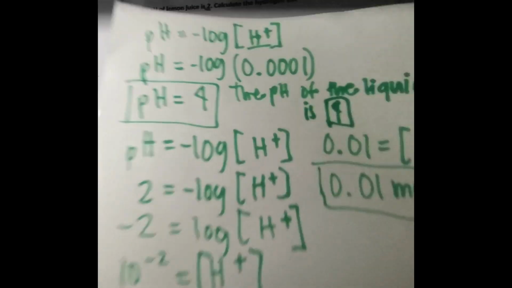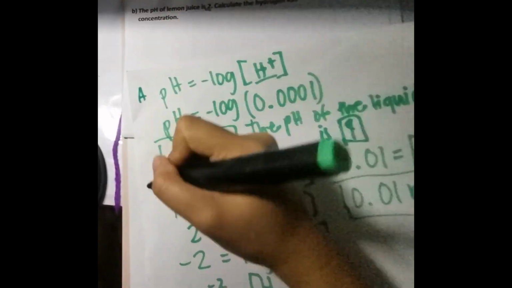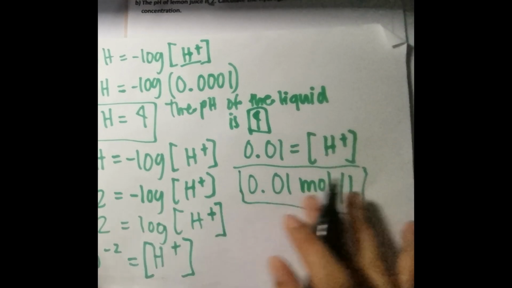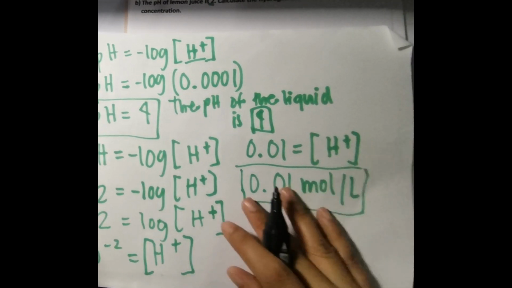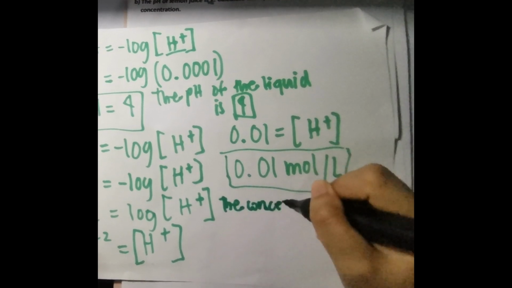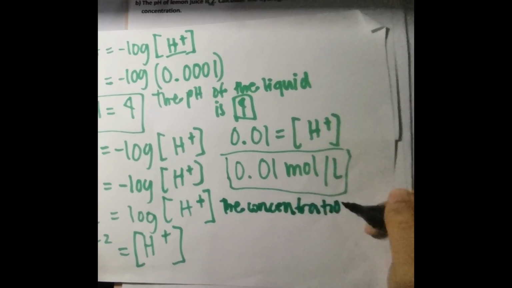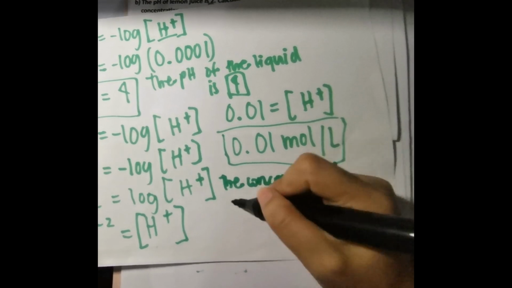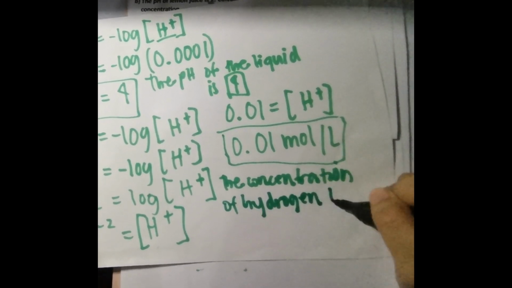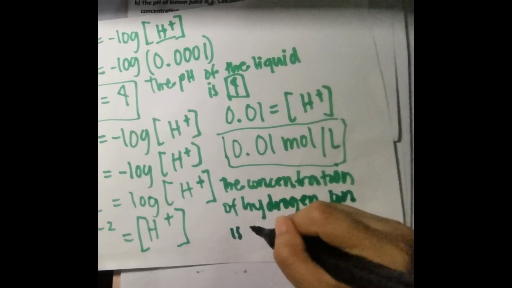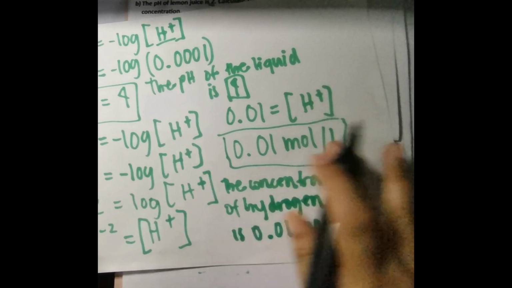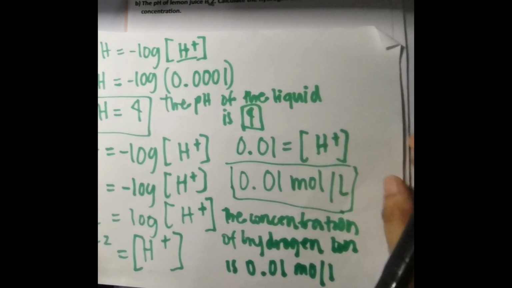And our conclusion for letter B is that the concentration of hydrogen ion is 0.01 mole per liter. And this is the result.